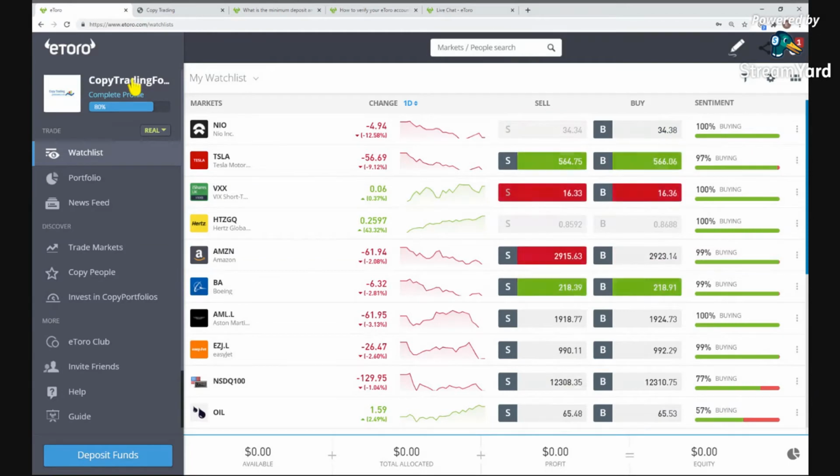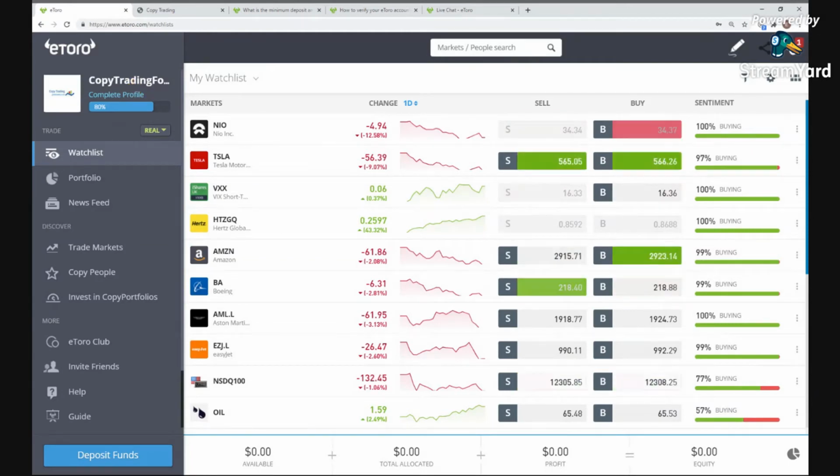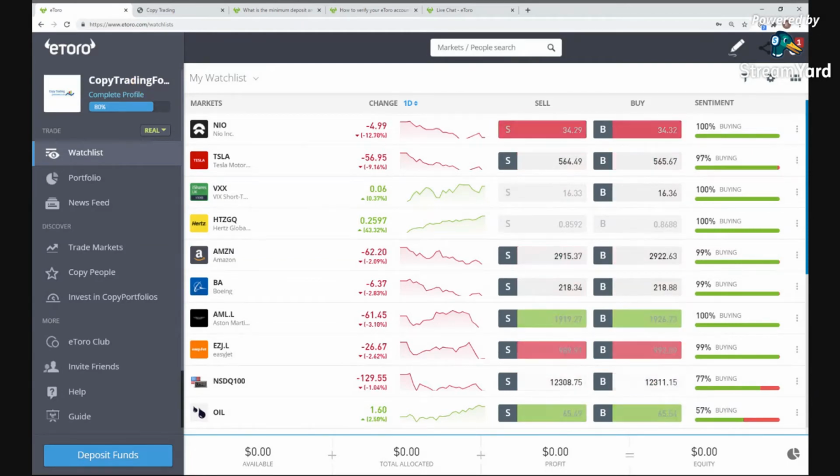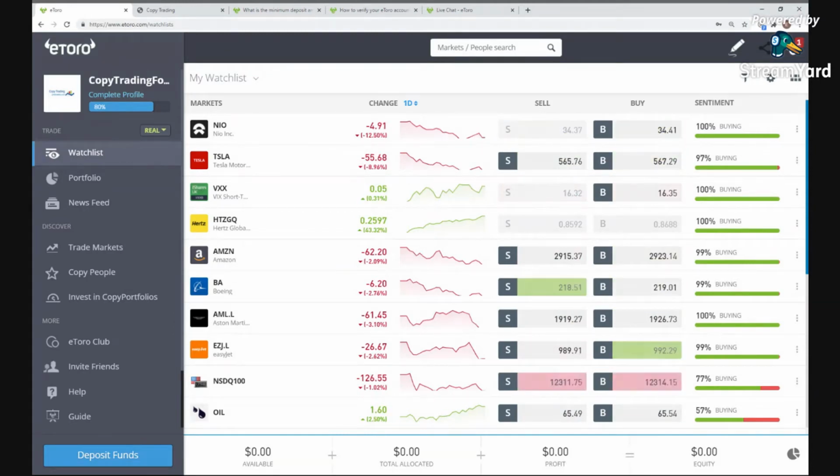I'm going to be using this account for long-term trading and swing trading. And maybe in the future, people can copy me if I sign up for the popular investors program. But for now, I'm just going to start off with the second account. You can have two accounts on eToro.